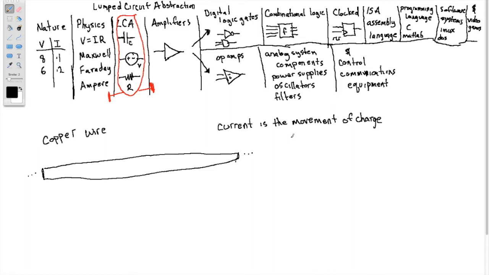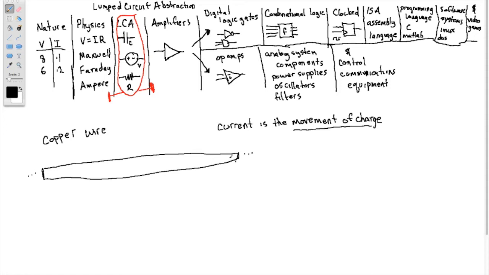That would be the electron and the proton. So in a copper wire, or in anything that's carrying charge for that matter, what is it that's moving? Is it the electron, or is it the proton, or is it both? It's the electron. Electrons are moving in this copper wire.